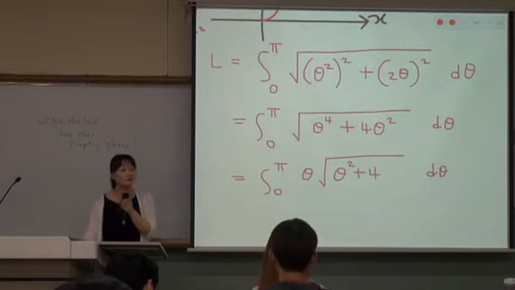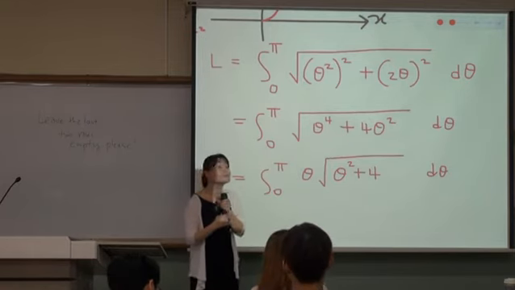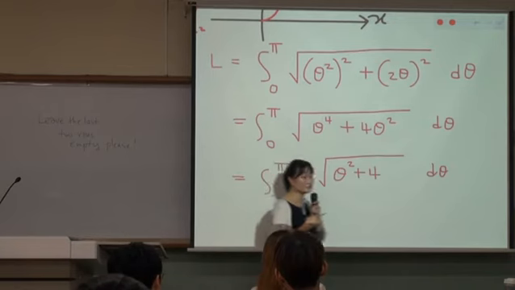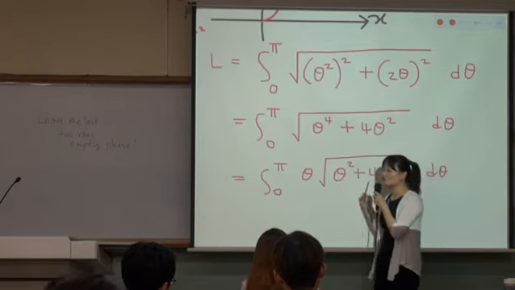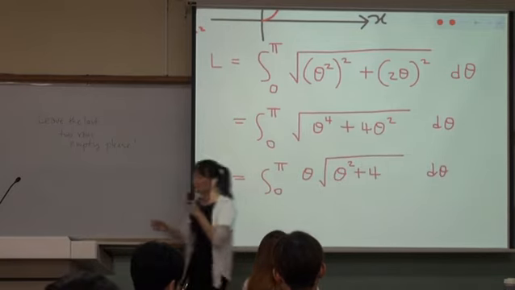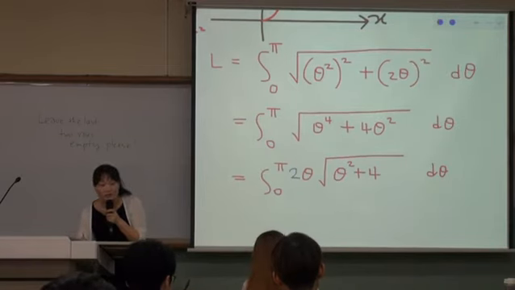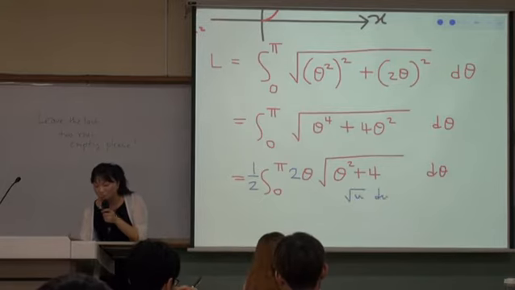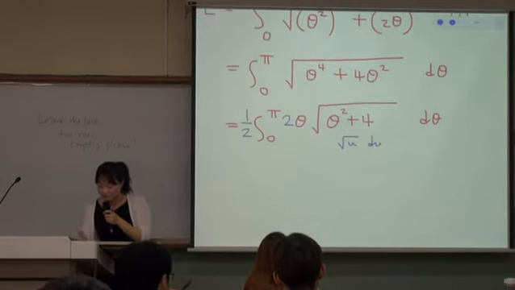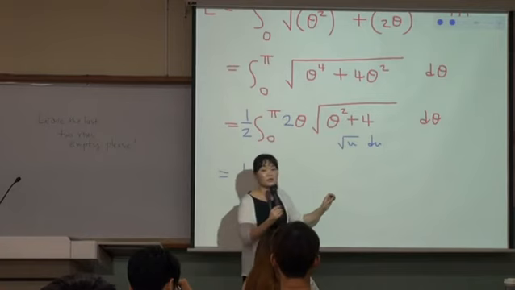Yep. What do we do now? Substitution. Exactly, substitution. What's u? Theta squared plus 4. What's du? 2 theta. I have theta there, right? So we can create 2 to make it du, and to undo it, divide by 2. Then we get the square root of u du form, right? So it's equal to 1/2. What is the integral of u to the half?